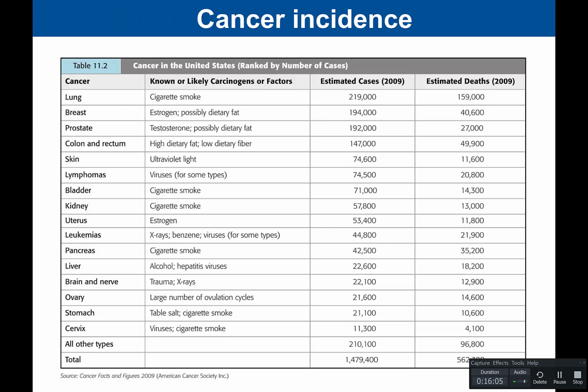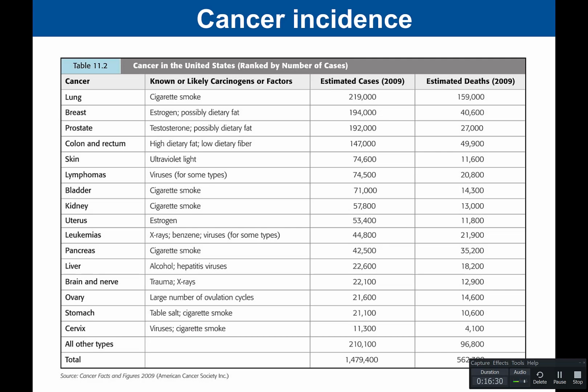So this is just looking at the incidence of cancer. In 2009, the most prevalent type of cancer would be lung cancer. So 219,000 cases in 2009. Estimated deaths, 159,000. So notice that by far, that is the highest cause of death in regards to cancer.